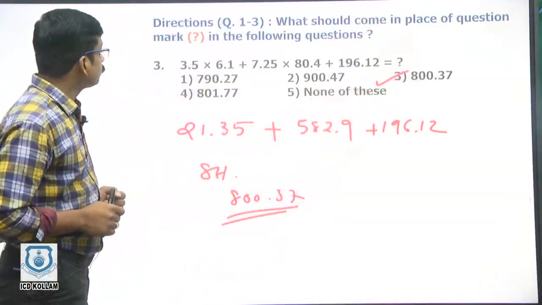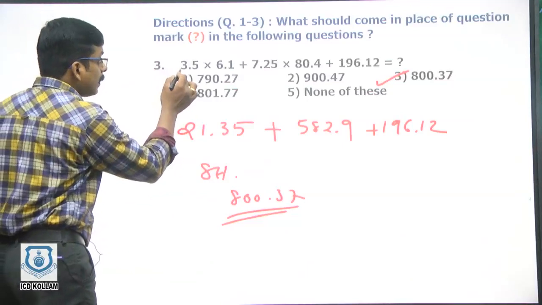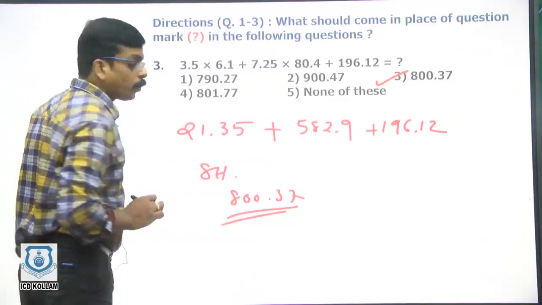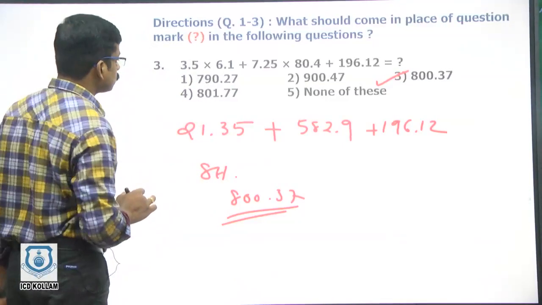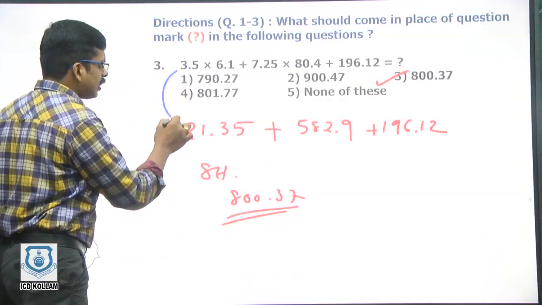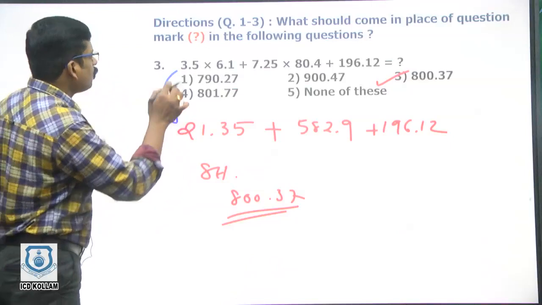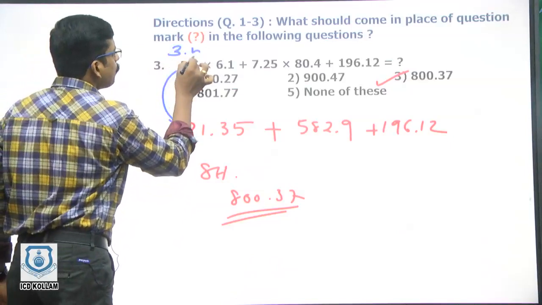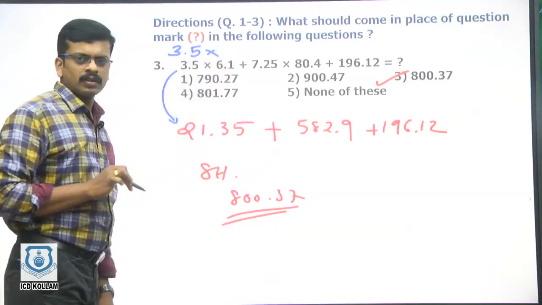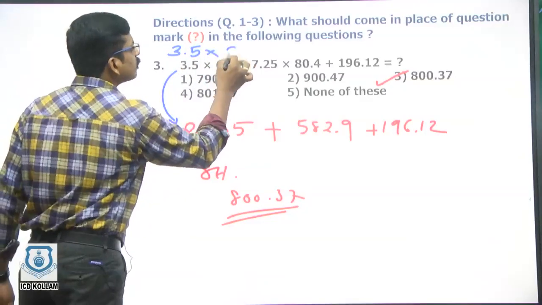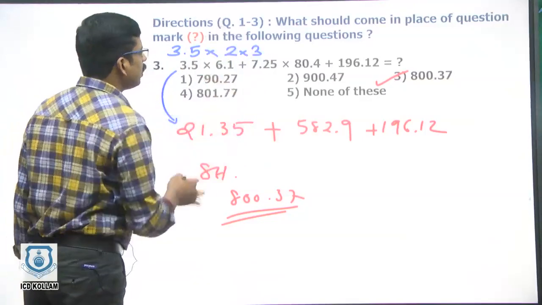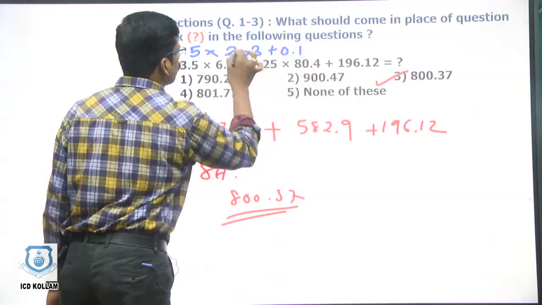Look here, first 3.5 into 6.1 you need to take. I just write that number as this number. How is it possible? 3.5 into 6, I take as 2 into 3 plus 0.1.